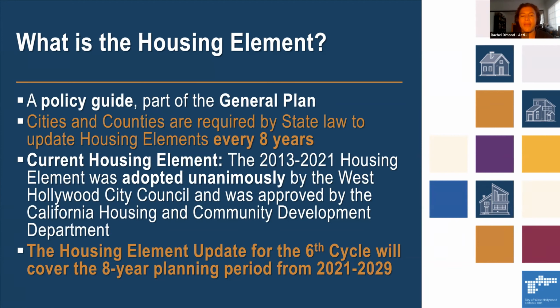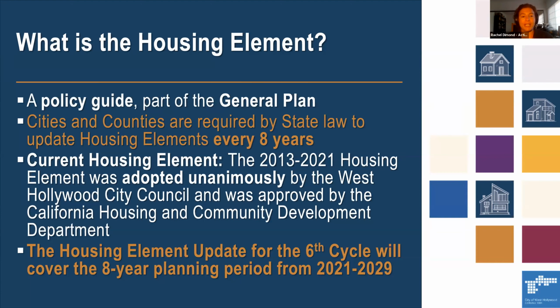But housing is one that is particularly unique in that the state requires that housing elements are updated every 8 years. This is more often than most of the other elements are required. Right now, our current housing element takes us through the end of this year.